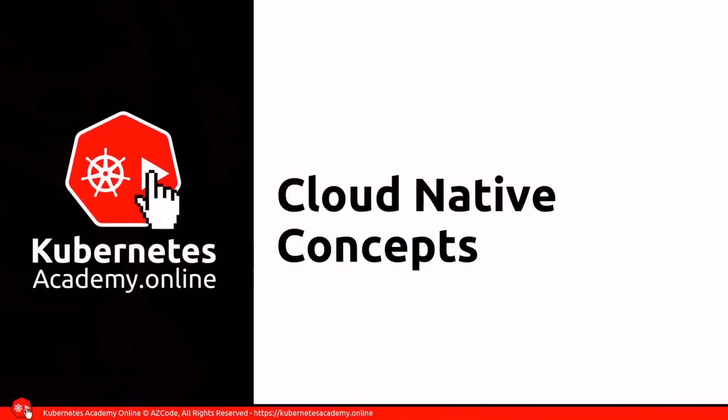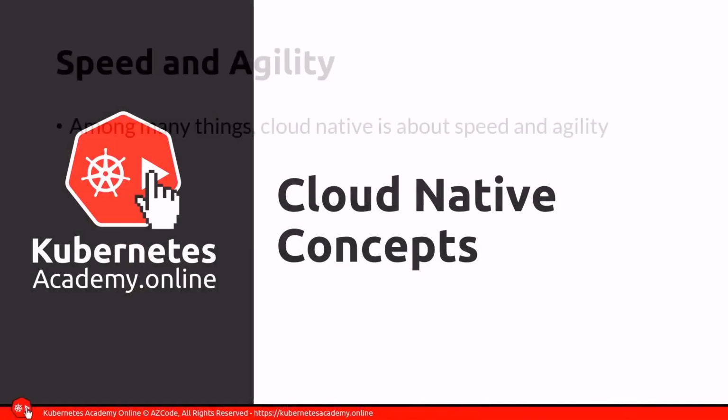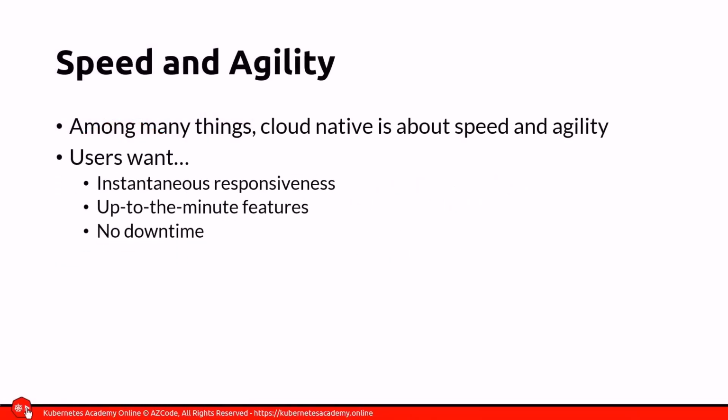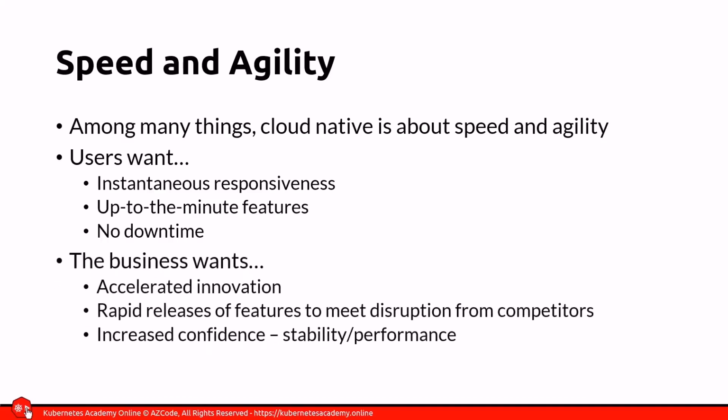Let's go deeper in the Cloud Native concepts. Cloud Native is about speed and agility. The user wants new features right away, without any downtime. And the business wants faster release of features to stay competitive.